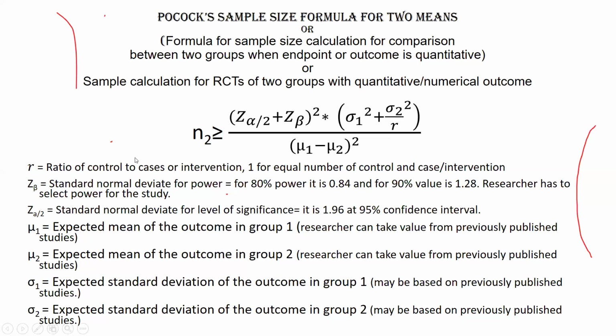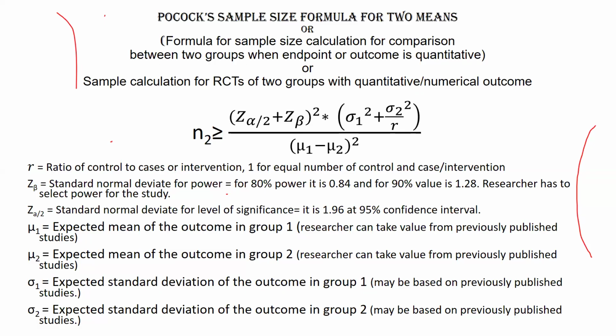So now this is Z beta, Z alpha by 2. I have already explained Z beta and Z alpha by 2. Mu1 I have already explained. The researcher can take values from previously published studies. So mu1 and mu2 we can take from previously published studies, pilot studies, our experience, assumptions.